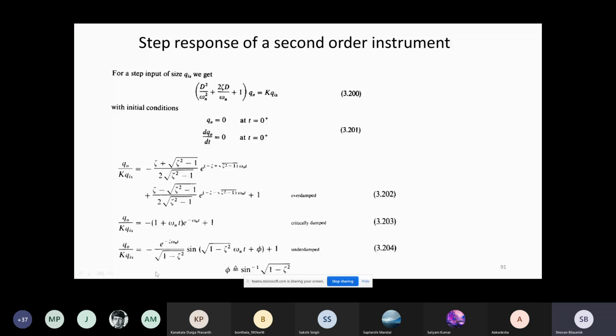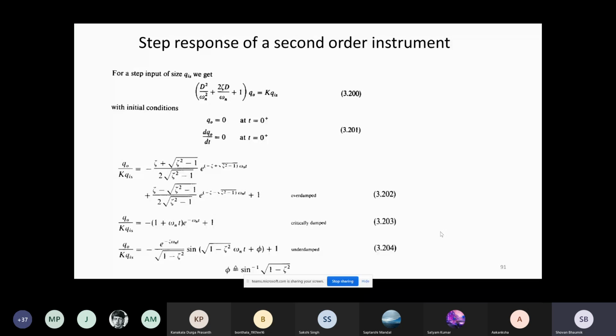So when t goes to infinity, definitely this amplitude, which has minus zeta omega nt, will be 0, and this will reach 1, fine. But before reaching 1, which is the steady state, you will see there is a sine which will predominate, so it will keep on oscillating. It will start from 0, because at t equals 0 it will be 0, and then from 0 it will keep on increasing. It will oscillate. Gradually the oscillation will die down, and then it will settle to the value 1, which is known as the underdamped system.